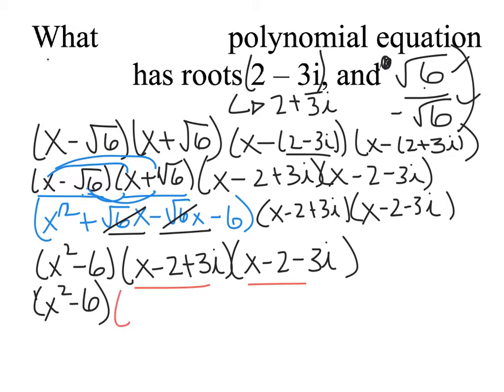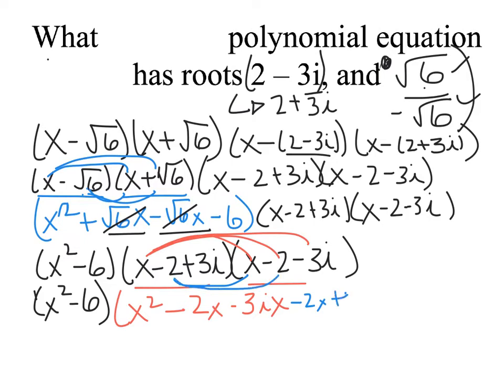And then I'm going to distribute this. So x times x is x squared, x times a minus 2 is a minus 2x, and x times a negative 3i is going to be a negative 3ix. Then I'm going to take the negative 2 times everything. So negative 2 times x is a negative 2x. Negative 2 times negative 2 is a plus 4. And negative 2 times the 3i is going to be a positive 6i.